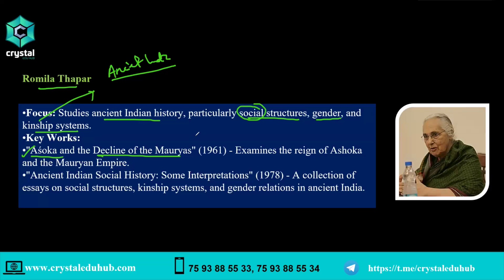That discussion was started by her in her work Ashoka and the Decline of the Mauryas. Something very important. Similarly, another work, Ancient Indian Social History: Some Interpretations. Something very, very important.